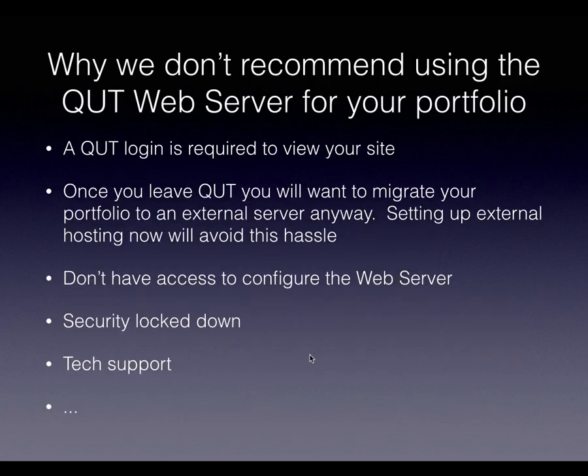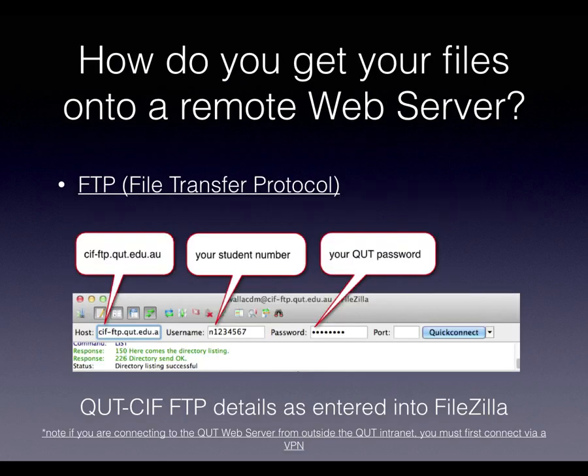But essentially it's equivalent to the Mac Finder window or the Windows Explorer window. It's basically a file browser, but rather than transferring files between different places on your hard drive, you're transferring files between two different computers across a network.